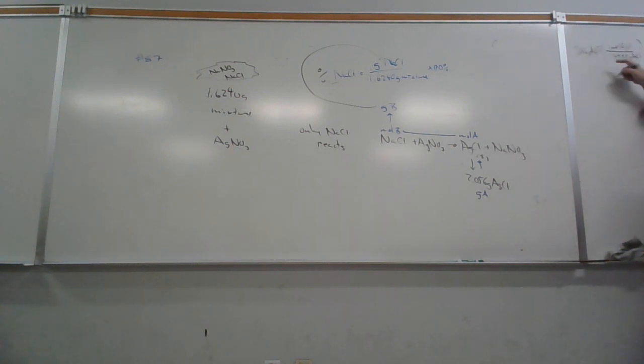So we go from grams of A to moles of A, and moles of A to moles of B. In this case, our moles of B will be sodium chloride because that's part of the mixture. And so it's a 1-to-1 mole ratio: 1 mole of sodium chloride for every 1 mole of silver chloride.